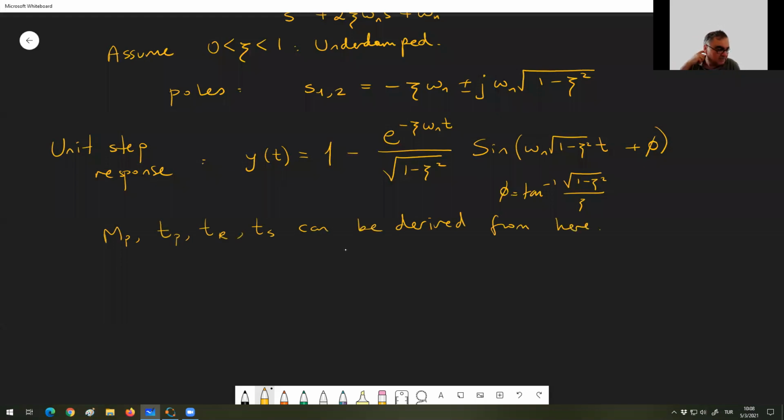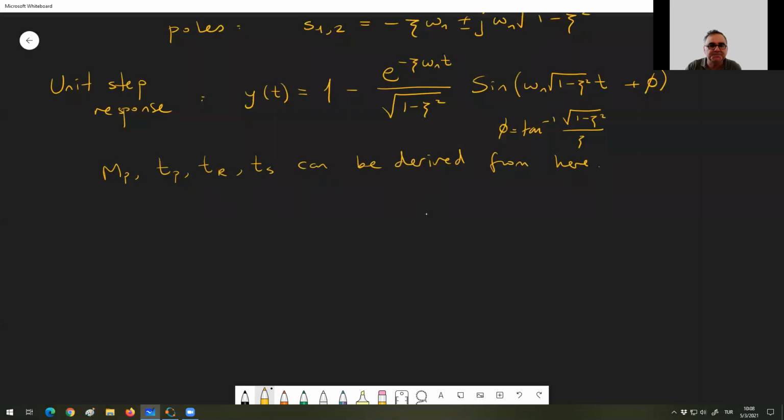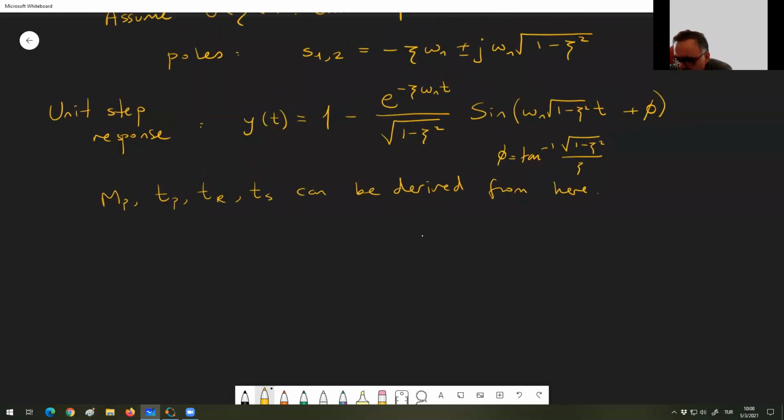The values we will be deriving will be valid for second order systems only, unfortunately, but it gives a good guideline for other systems as well. How do we derive it? The response is like this, as you remember.